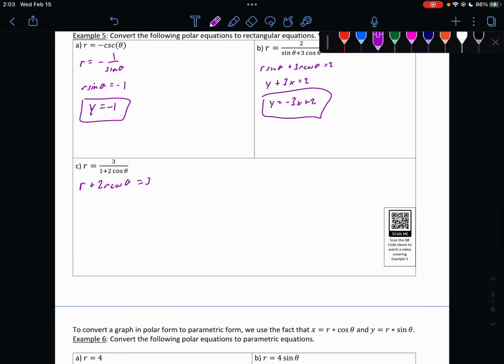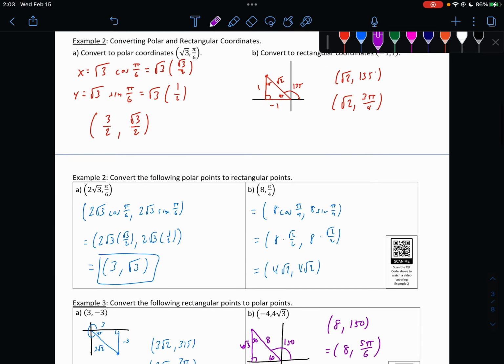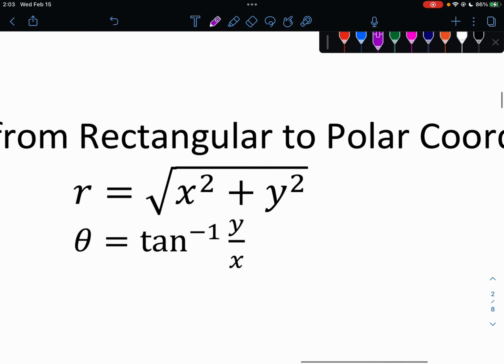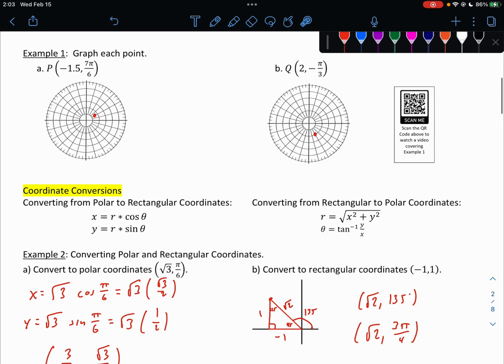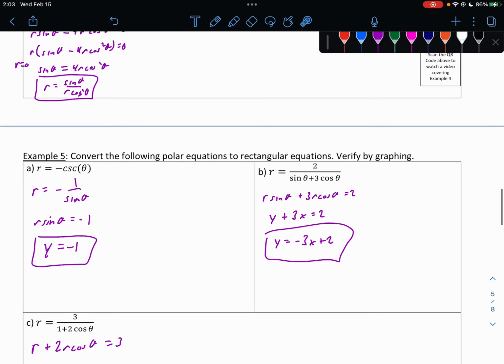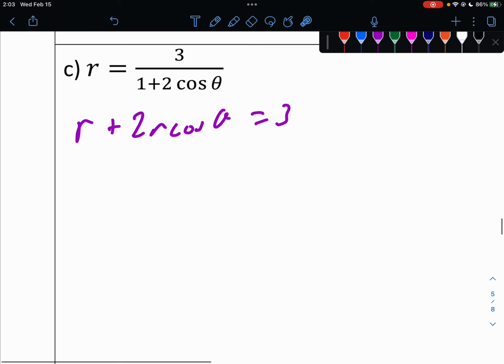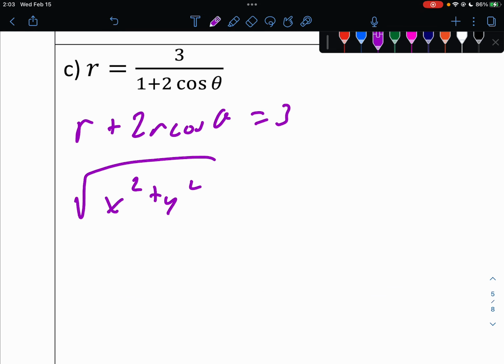But remember, let's go back a couple slides here. r is root x squared plus y squared. So I get root x squared plus y squared plus 2x equals 3. For what we do for the most part, that is going to be good enough.